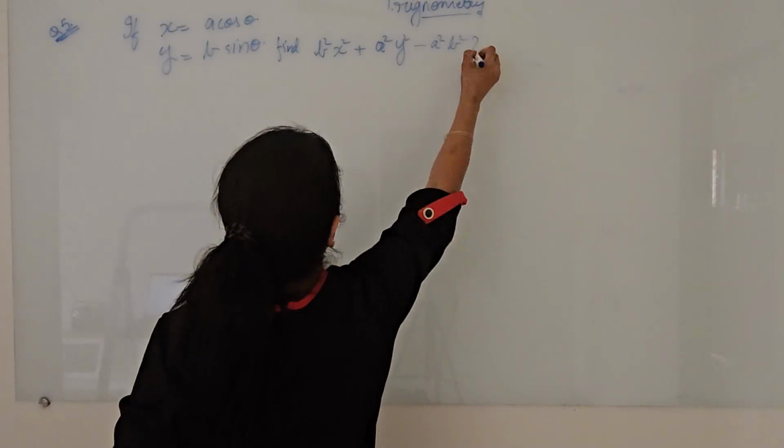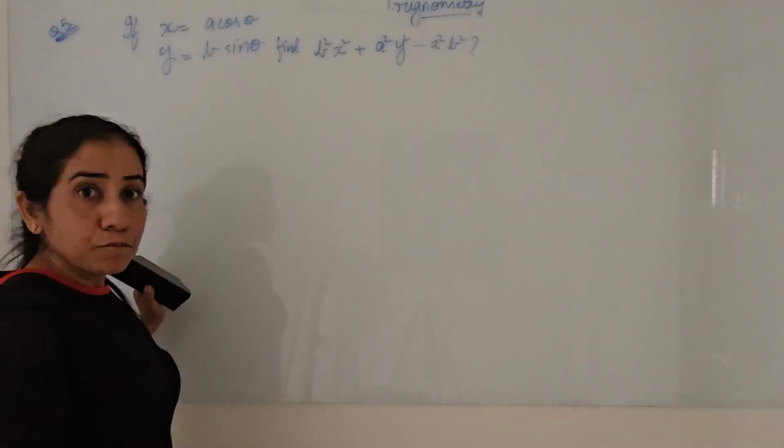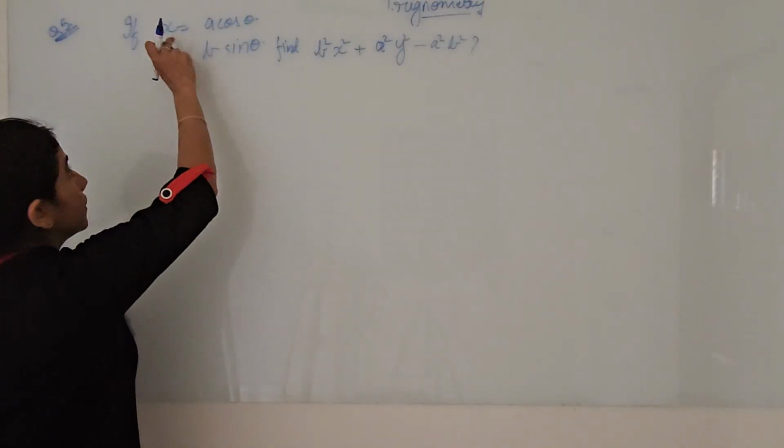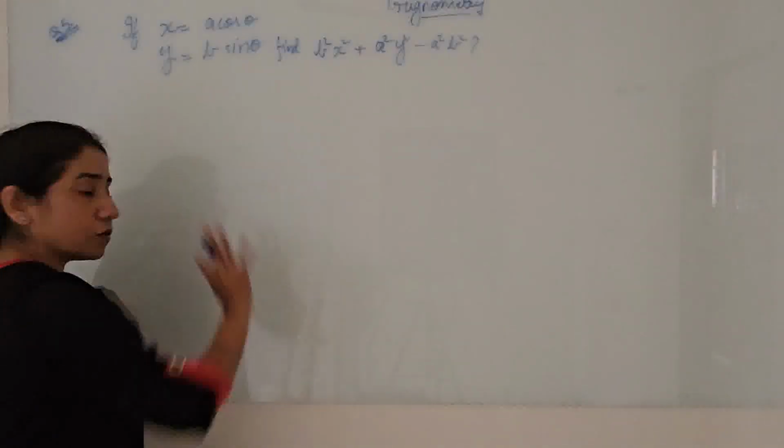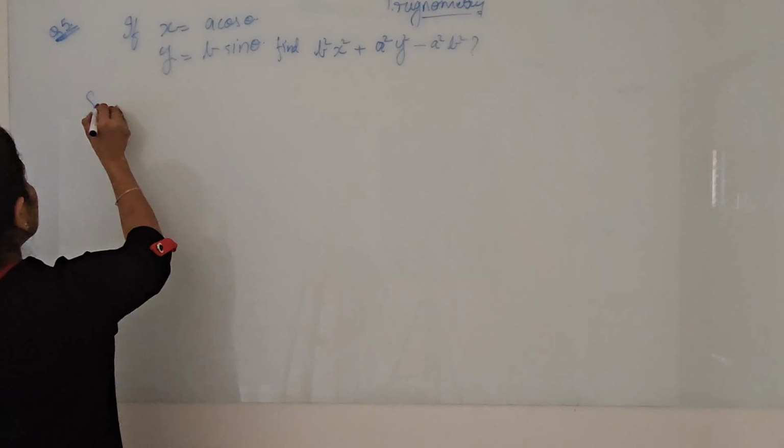Okay, this we have to find. Given relationship: x is equal to a cos theta and y is equal to b sin theta. Starting with the solution part.